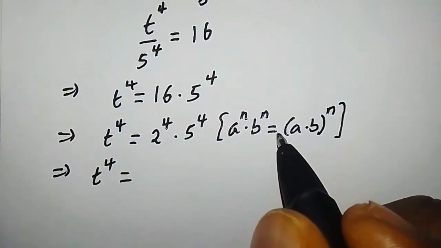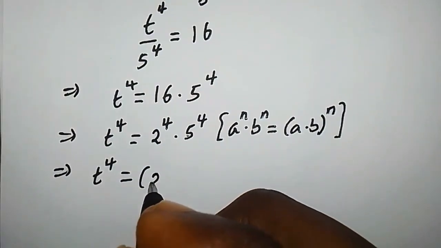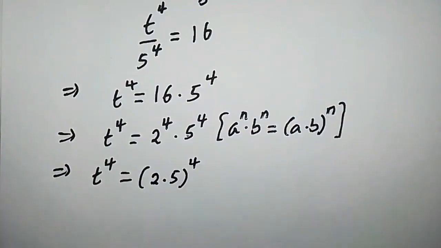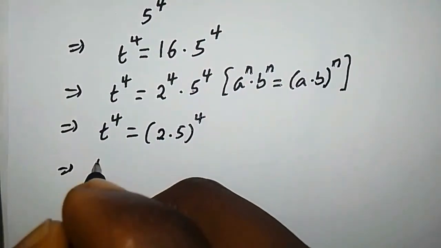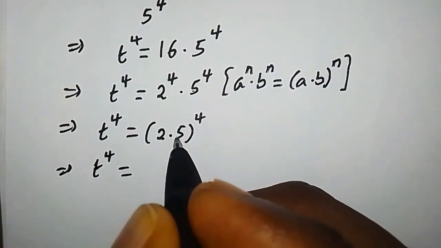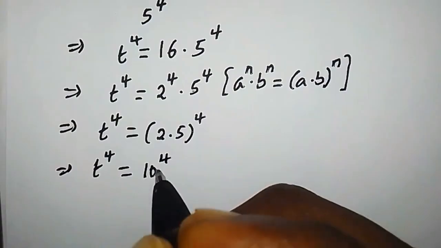Applying this identity, we simply have (2 times 5)^4. So t^4 is equal to (2 times 5), that is 10, to the power of 4.